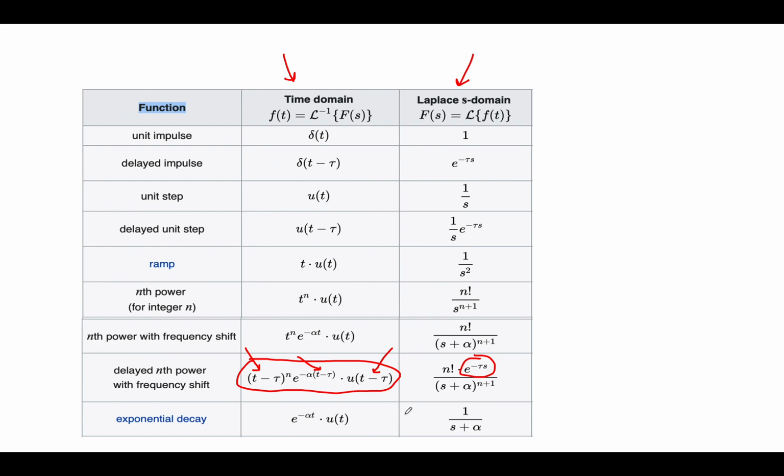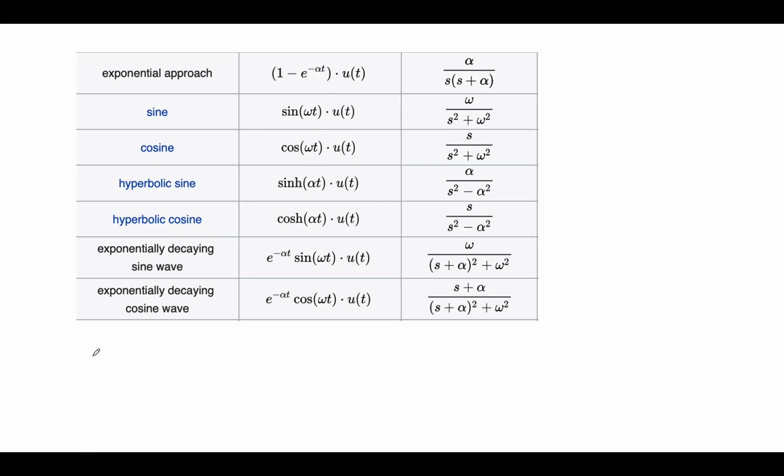This bottom one is exponential decay, which we already showed earlier in the lecture. This is exponential approach, so if you have this, you're approaching, in this case, 1. And so you see the Laplace transform of that.